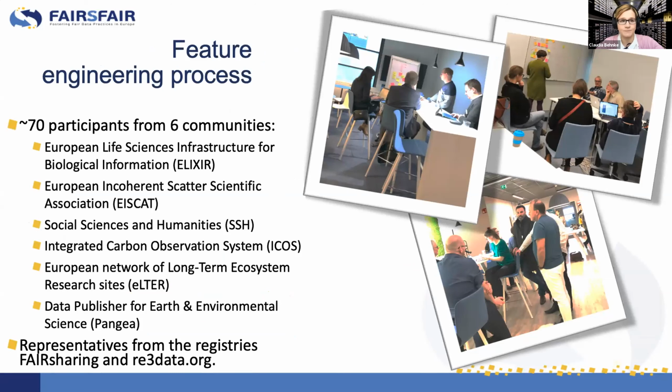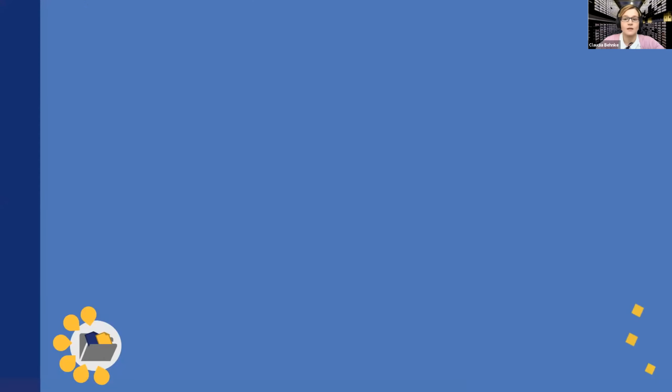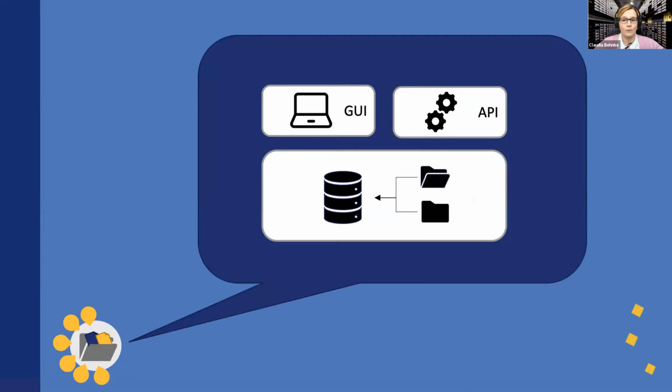We asked them the following question: imagine you are a very FAIR data set. What is your dream repository? What features does your dream repository have that would enhance the fairness, or the exposure of the fairness, of the digital object itself?